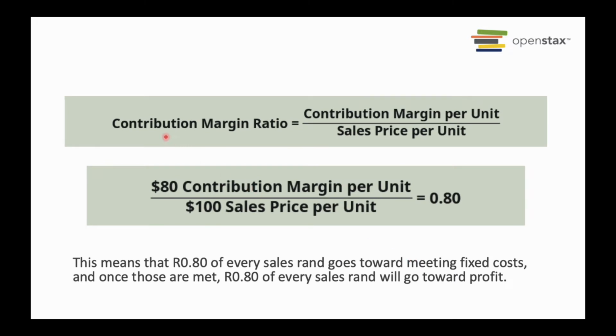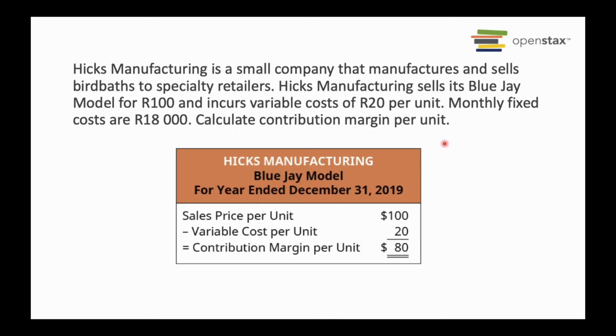We can also calculate a contribution margin ratio, which is equal to contribution margin per unit divided by selling price per unit. So going back to our previous example, the contribution margin ratio would be the contribution per unit of 80 Rand divided by the selling price per unit of 100 Rand.